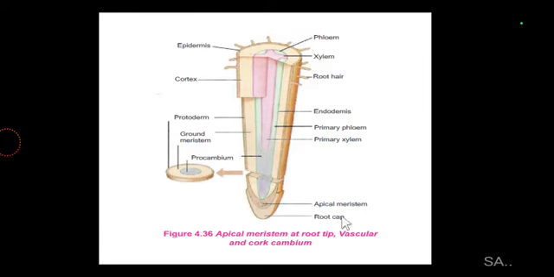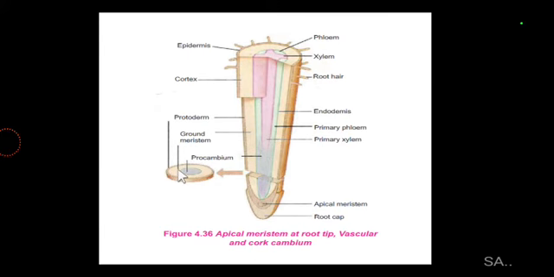Now I've added a picture of apical meristem at the root tip. So you can see here, this is the root tip. This is the region where the apical meristems are found. Here it is provided with the root cap, and this section of the root tip is just taken. If you look at the inside, there is the procambium. It contains the precursor cells of the xylem vessel and the phloem vessel, and then we have the ground meristems.